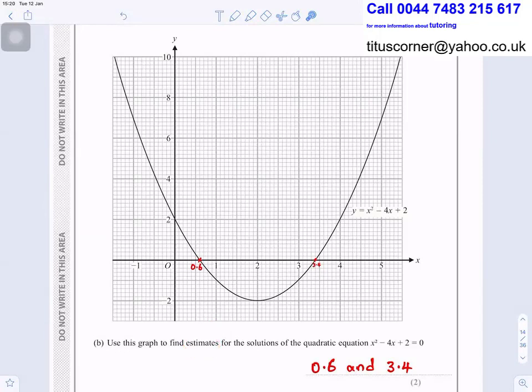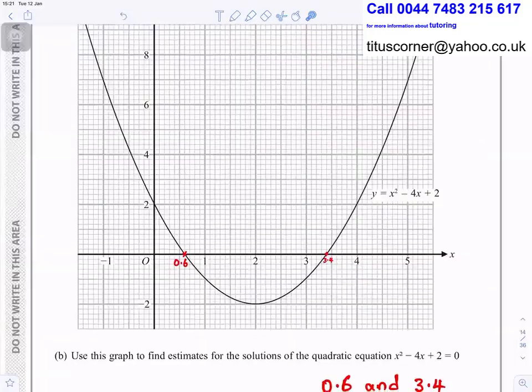And the solution of a quadratic equation is where it crosses the x-axis. This is the x-axis I've drawn there in red, and the solution is where the curve crosses the x-axis. You can see it crosses the x-axis at 2 points, and we want to find those 2 points to give you the solution.